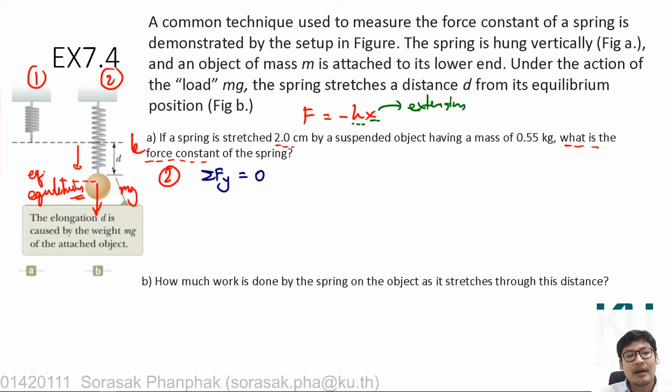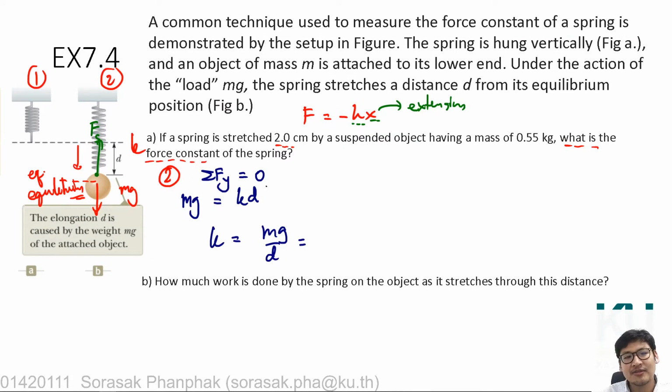That means the downward force is mg, and the restoring force is pointing upward. So you will have mg equal to kd. With this, you can roughly determine the spring constant as k equals mg over d.